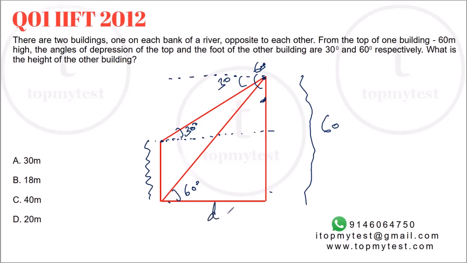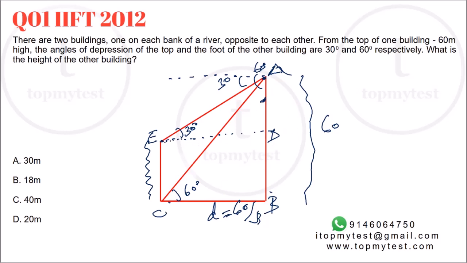If I call this distance D, and name these triangles ABC and ADE, then triangle ABC is a 30, 60, 90 triangle. The full height is 60, which is the side opposite 60 degrees. So the side opposite 30 degrees, D, should be equal to 60 by root 3. The ratio is 1, root 3, 2.